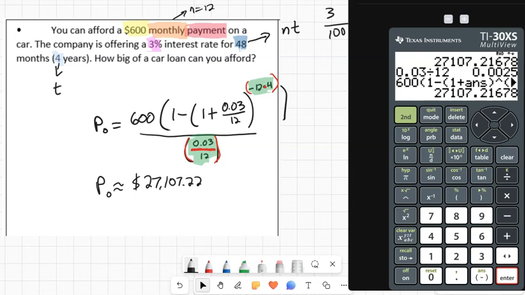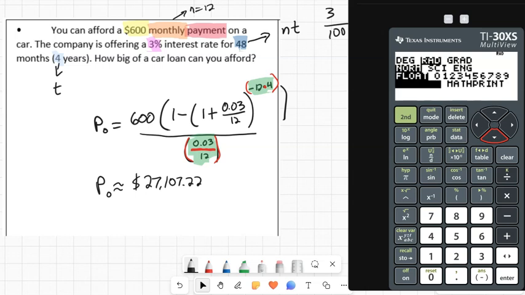Now, what if you have the math print? It's just a lot safer, I think. First off, this whole thing's a fraction. 600, parenthesis, 1 minus, parenthesis, 1 plus. By the way, you can do the answer, the 0.03 divided by 12 first if you'd like. Go back, delete that down. 12, parenthesis, exponent. Here we don't need the parenthesis around the exponent, but we still need to use the negative sign, not the minus sign.